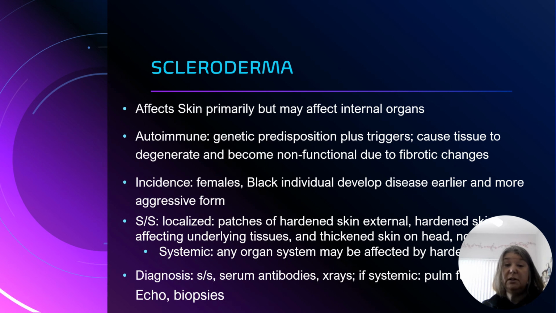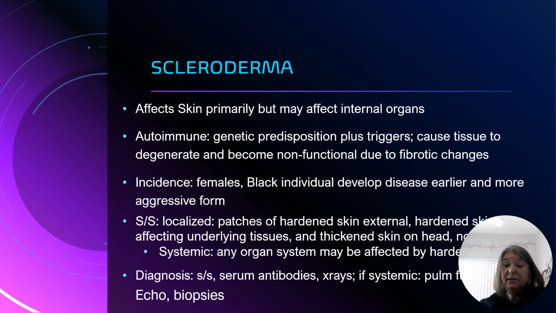For signs and symptoms, scleroderma is divided into two main categories, localized and systemic. Localized scleroderma is what leads to those isolated patches of hardened skin. You can also have linear scleroderma, which is lines of thickened skin that affects the tissues, and then scleroderma en coup de sabre.